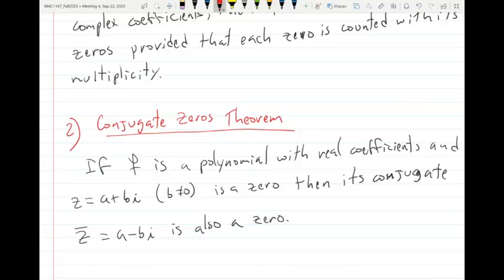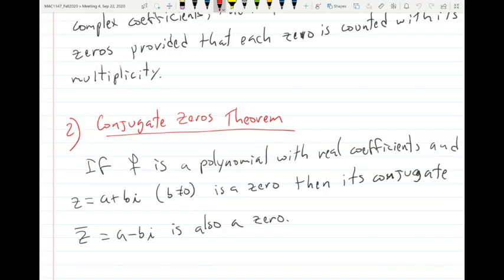The point is that this is always true in general, okay? If a polynomial has a complex number as a 0, then the conjugate of this complex number also is a 0 of the polynomial. In other words, complex numbers come in pairs, okay? So another way of saying this is that every polynomial can only have an even amount of complex zeros.